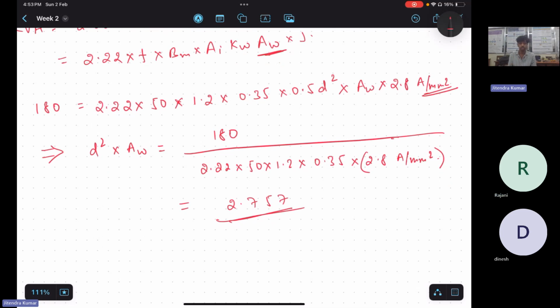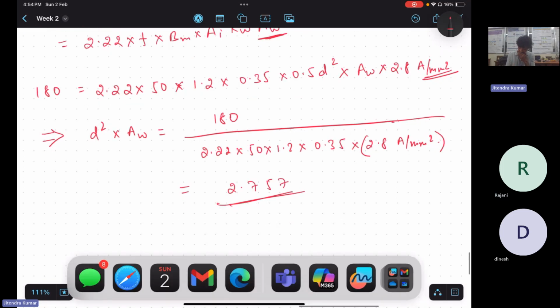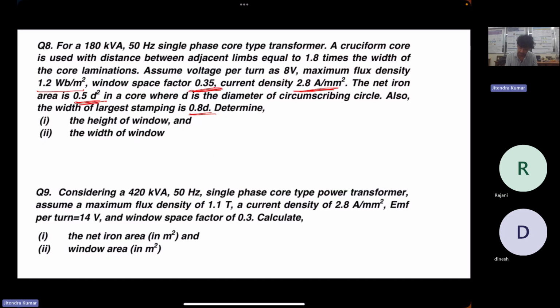Now the second portion is the area of iron. Can we calculate the area of iron? Another parameter is given, which is voltage per turn. I think it is given. So voltage per turn is nothing but 8 volt. Voltage per turn is equal to 4.44 f phi m.